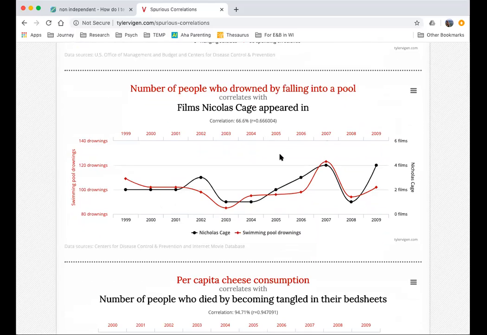So a pretty moderately strong correlation. And the graph would reflect this as well. But I think most people would agree there's absolutely no causation in terms of people who drown and the number of films that Nicolas Cage has appeared in, right?